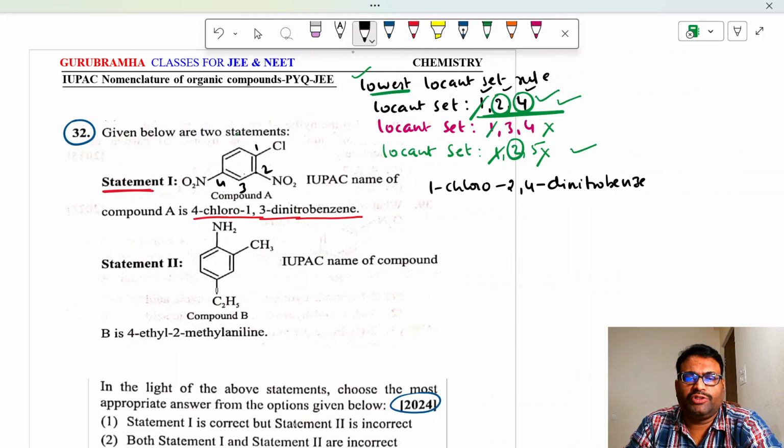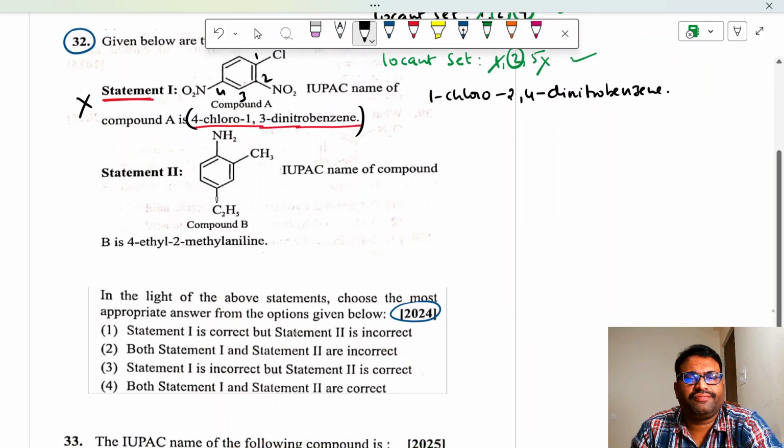Okay. So this will be the IUPAC name of this compound: 1-chloro-2,4-dinitrobenzene. Is that correct here? No, you don't find that correct here. So this is a wrong statement. Next, let us see.